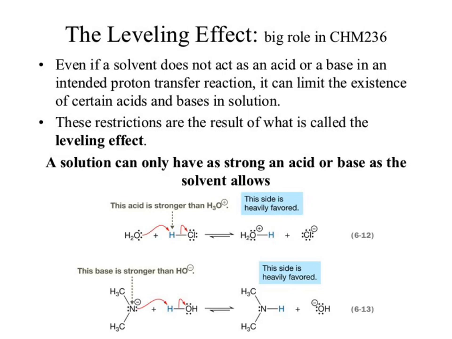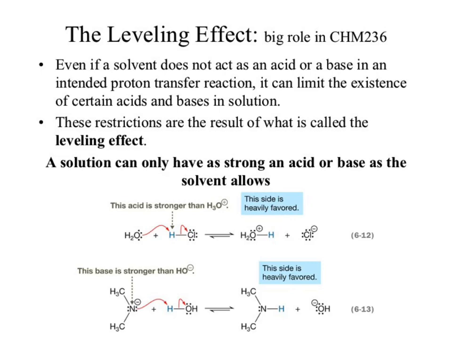There's this effect here that I do kind of want to talk about. I know we're really short on time, called a leveling effect. Don't stress a whole lot about it, except acknowledge that you can't have an acid in solution that is stronger than the solution itself. Water's pKa is 15. Hydrochloric acid's pKa is like -4, -5.